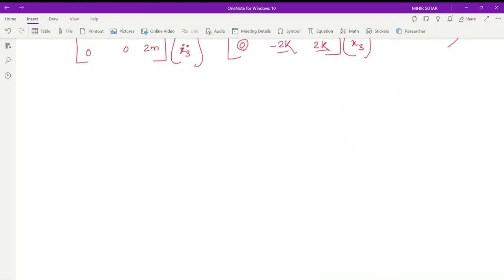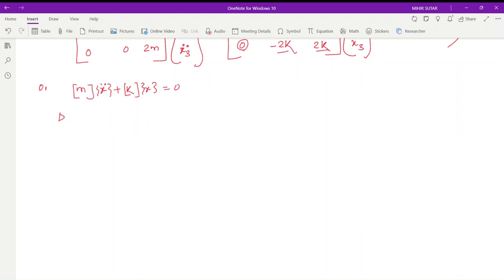Now in simplified form you can write, let us use capital M instead of small m, M x double dot plus K x is equal to 0.